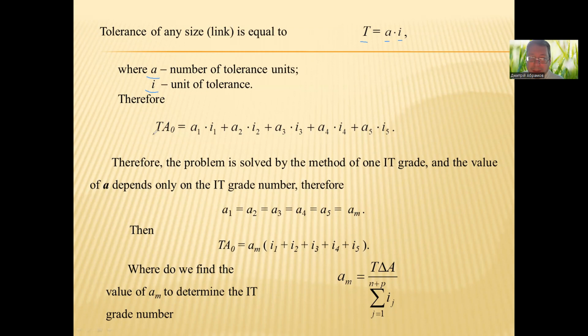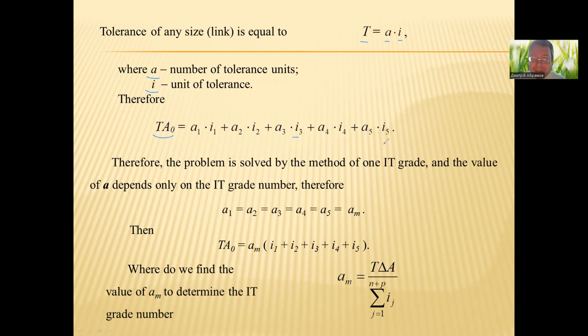Therefore, the tolerance field of the initial link will be equal to A suffix 1 multiplied by I suffix 1 plus A suffix 2 multiplied by I suffix 2 plus A suffix 3 multiplied by I suffix 3, A suffix 4 multiplied by I suffix 4, and plus A suffix 5 multiplied by I suffix 5.